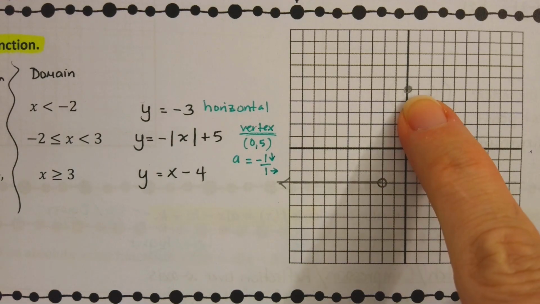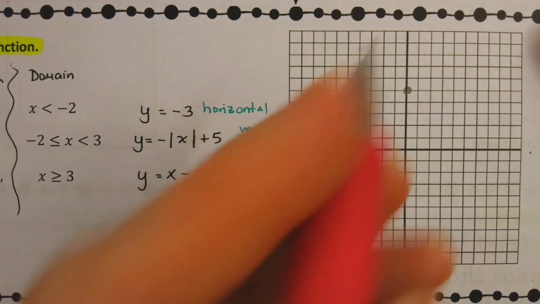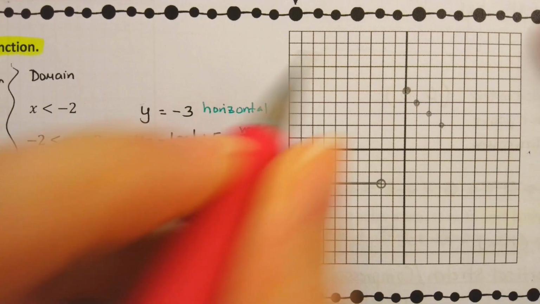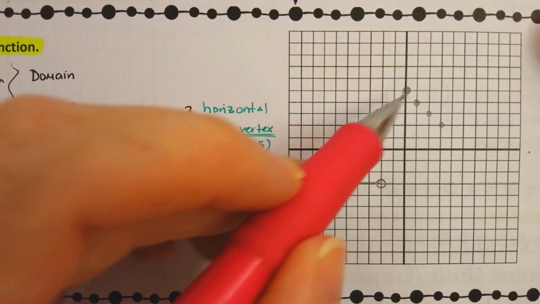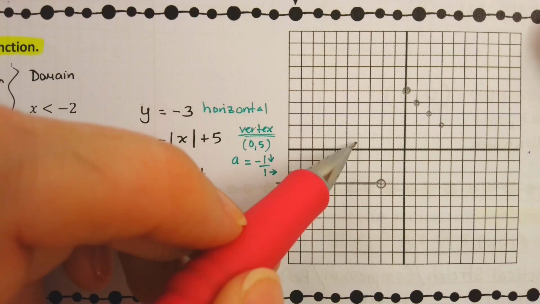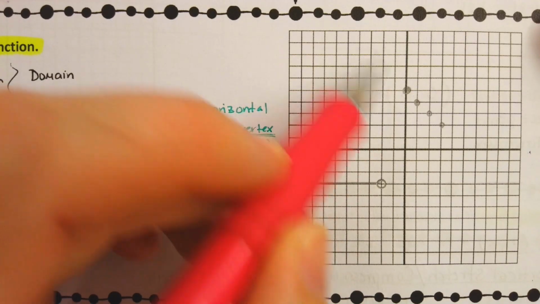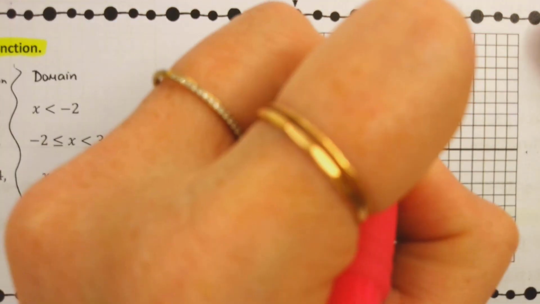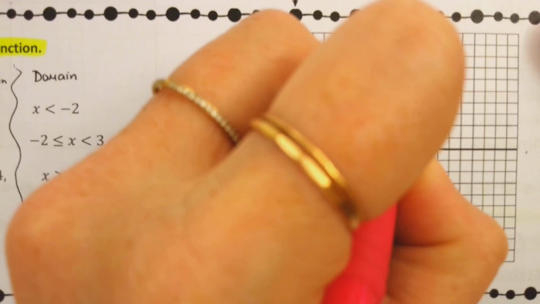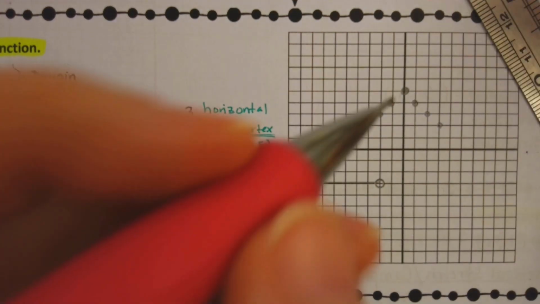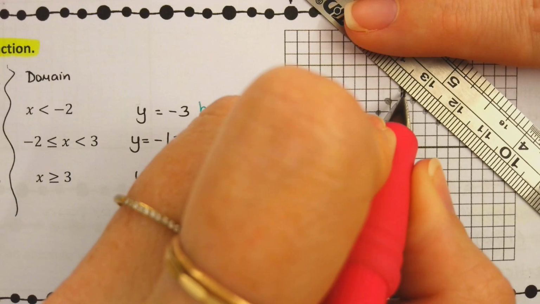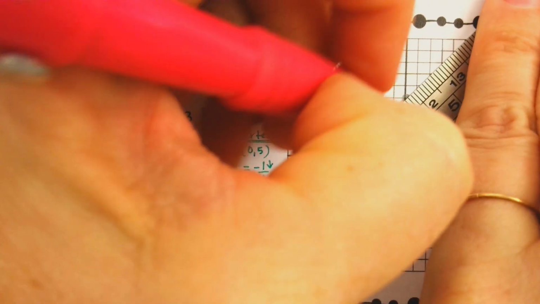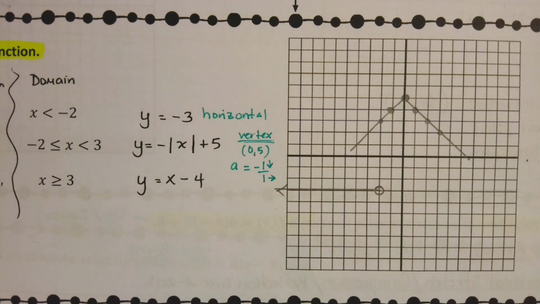So from that 0, 5 vertex, we're going to count down 1, right 1. If I needed points on the other side of the V, what am I going to count instead? Not up. We don't want to go up at all because that doesn't make a V. Down 1, left 1. And then we'll look at the domain and adjust as needed.